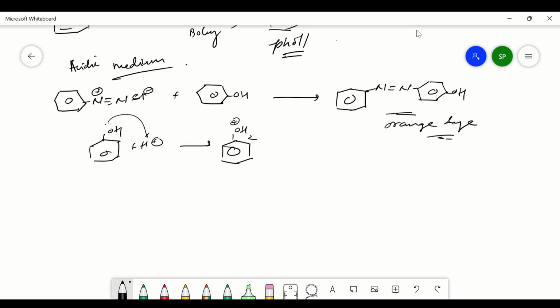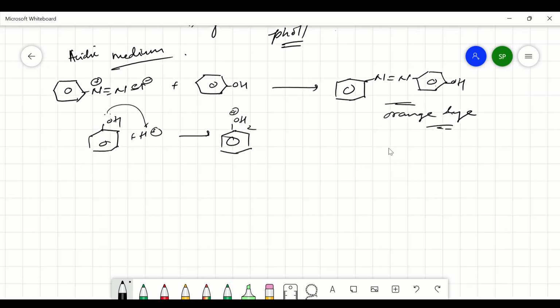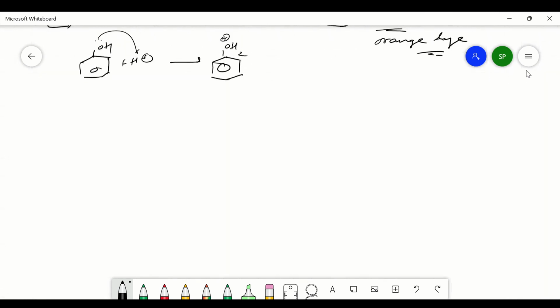Next method for preparation of phenol is the decarboxylation reaction.